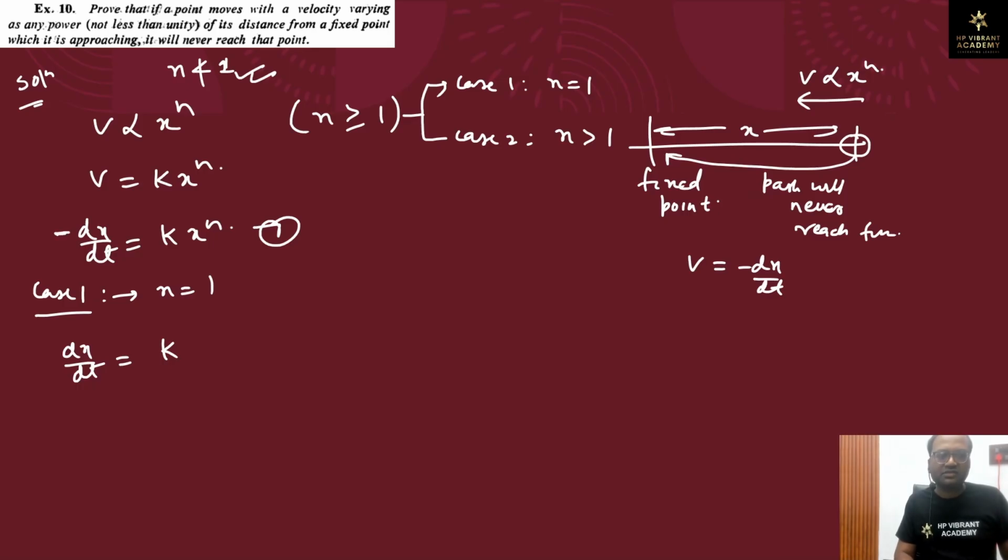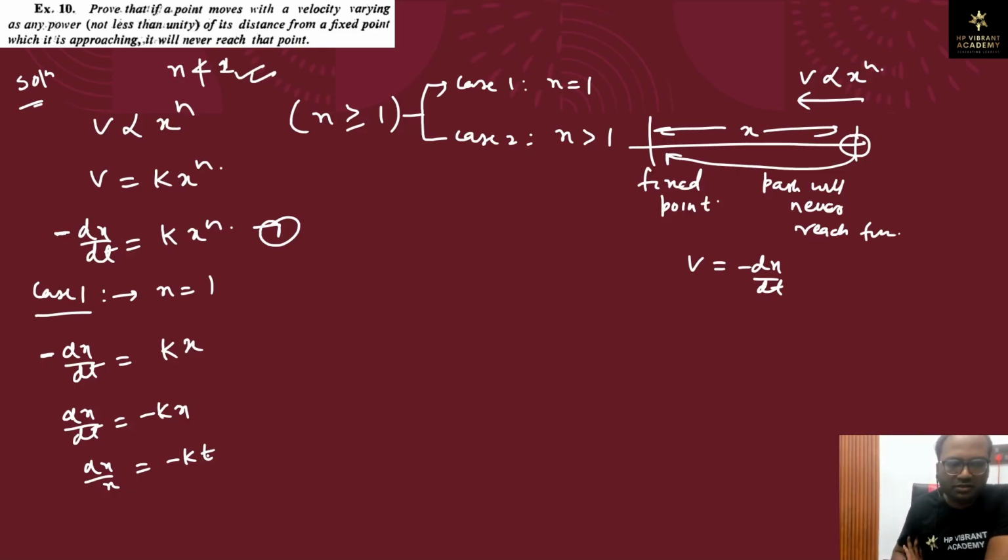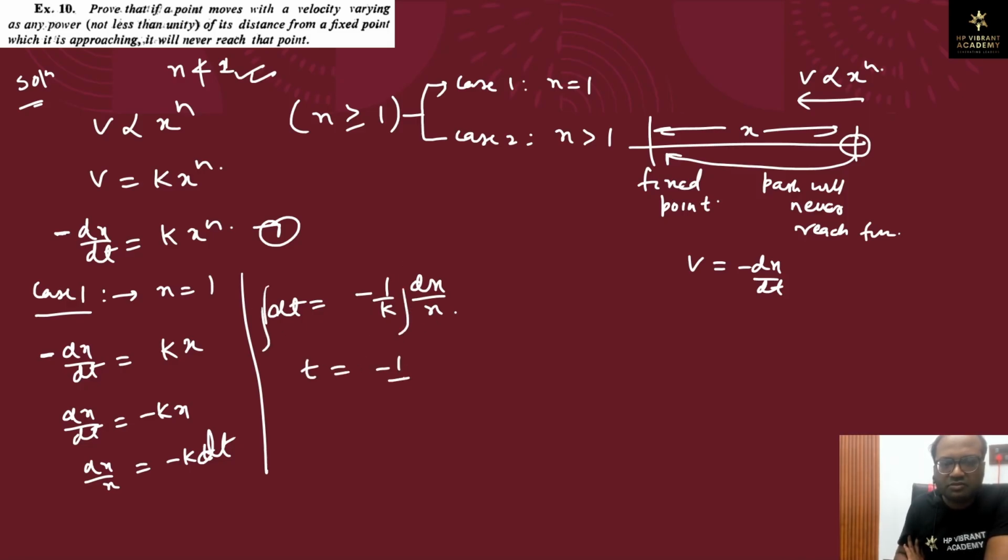So minus dx upon dt is equal to k x, with n equal to 1. So dx upon dt is equal to minus kx, so dx upon x is equal to minus k dt. So dt is equal to minus 1 upon k into dx upon x. Let us integrate this. So we have t is equal to minus 1 upon k log x plus a.